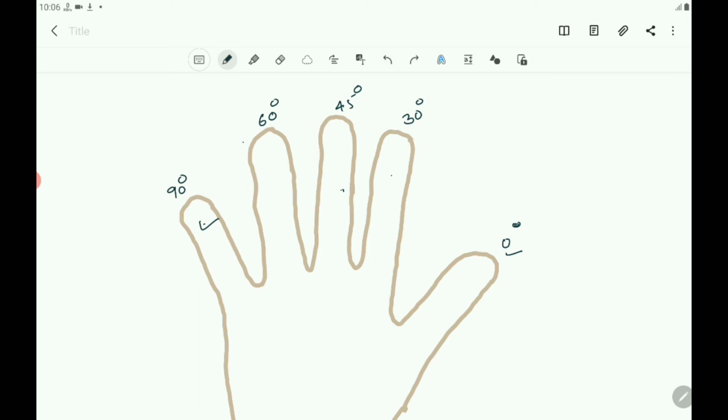In this way, with the help of this idea, now let us have the trick for all the trigonometric ratios from 0 degree to 90 degree for sine and cosine.